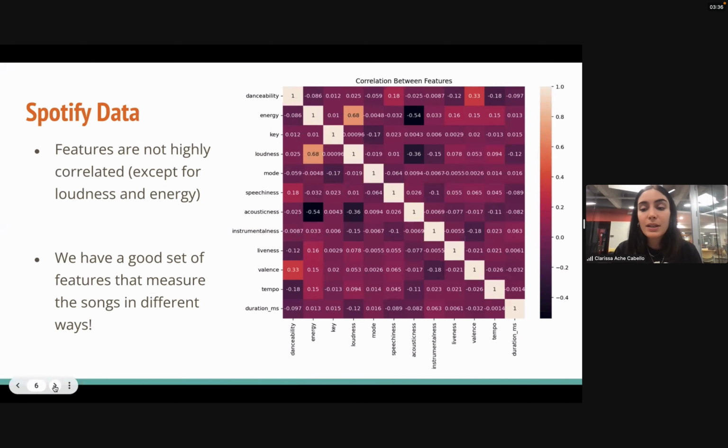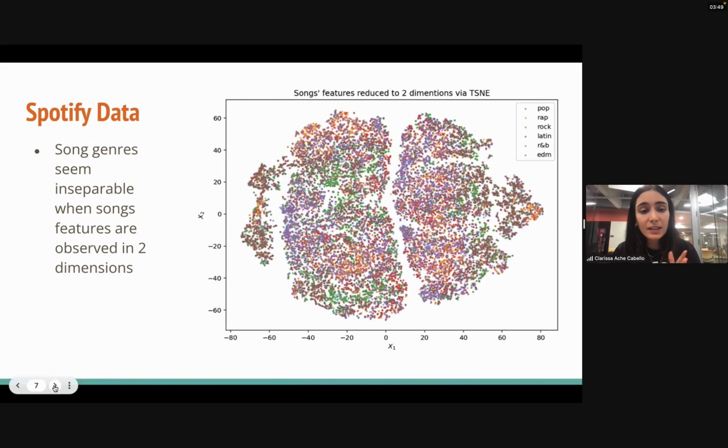On the next slide, we can see that these 12 features that we obtained from Spotify are not very highly correlated to each other, which is good because that means these features measure different things about songs in different ways. In this next slide, we used a dimensionality reduction technique called t-SNE to plot our 12-dimensional data.